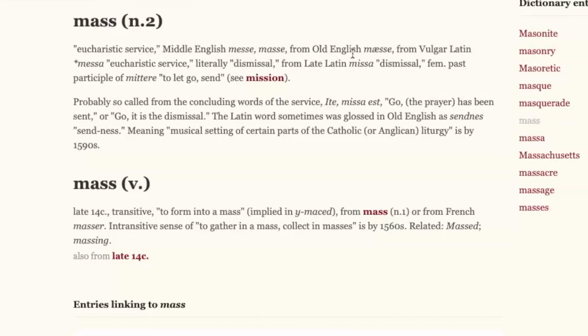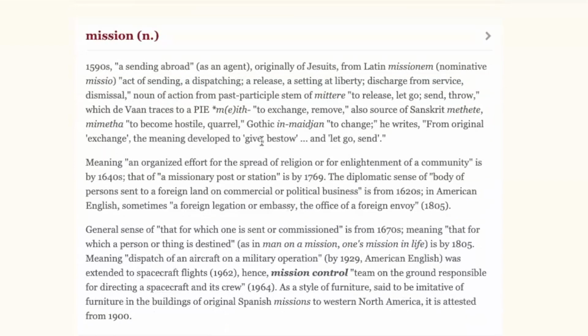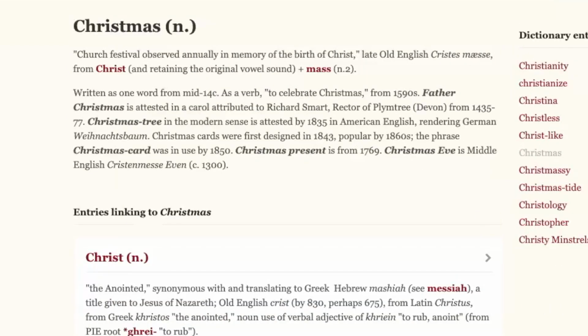So there's the two S's. Sometimes you'll see Doug build out almost like a timeline of the spelling and how it's evolved over time.